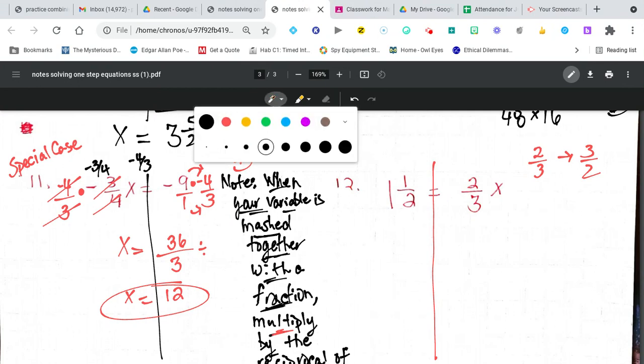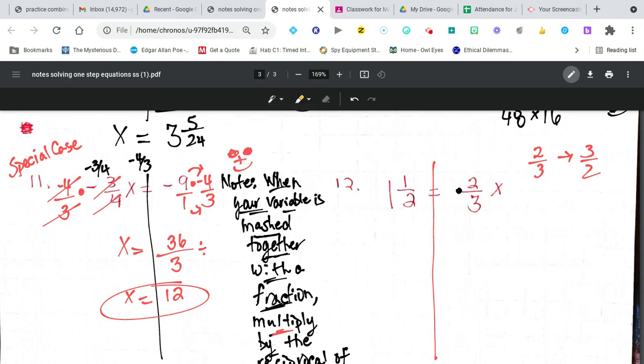The reciprocal of that fraction is over with the variable. So with the variable is 2/3. The reciprocal is 3/2. You're going to multiply by that. So I'm going to multiply both sides by 3/2. These are going to cancel.